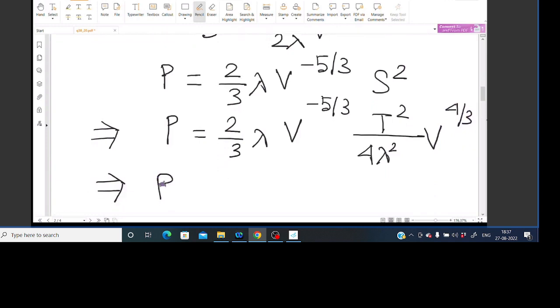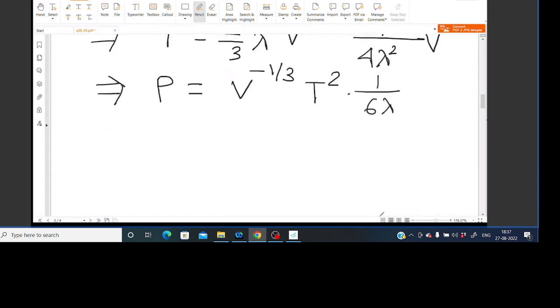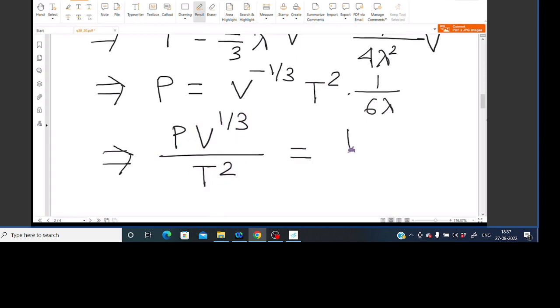Then we get P equal to V to the power minus 1 by 3 T square into 1 over 6 lambda. So P V to the power 1 by 3 by T square is equal to 1 over 6 lambda, which is equal to a constant, as lambda is a constant.